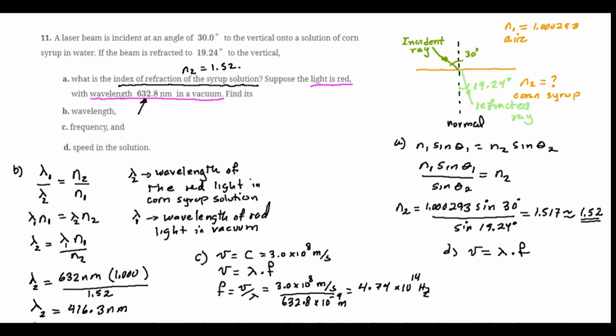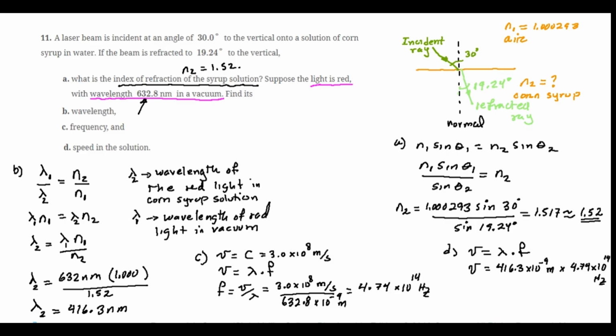So the speed in the condenser will be the wavelength in that condenser, 416.3 times 10 to the negative 9 meters, times the frequency, and we said that the frequency doesn't change in the medium, that is 4.74 times 10 to the 14 hertz.